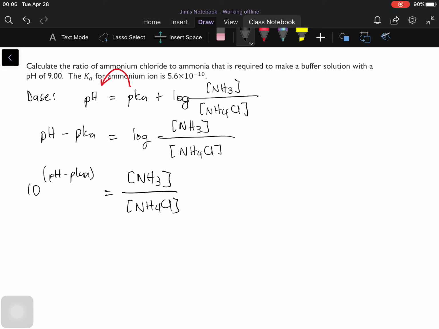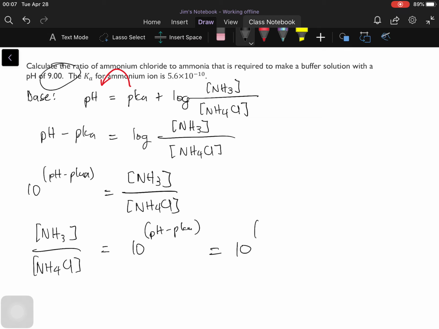Okay, so let's solve for this. Let me rewrite what we have here. So that is 10 raised to, what is the pH of the solution? pH is 9.00 minus the pKa. Okay, so we don't have pKa.